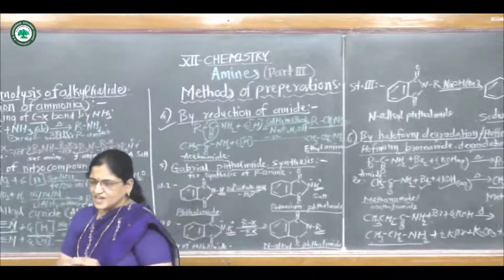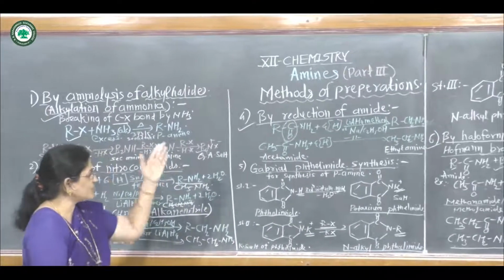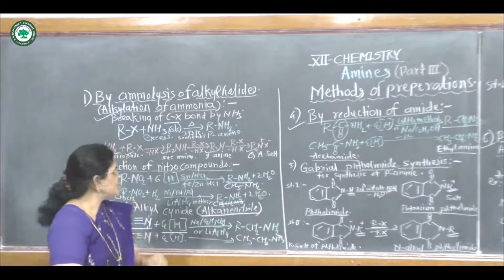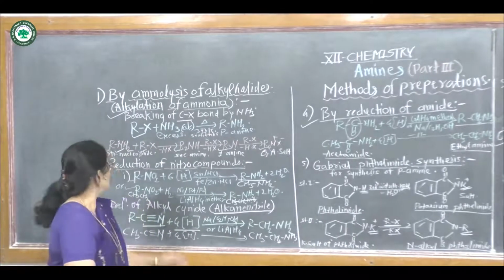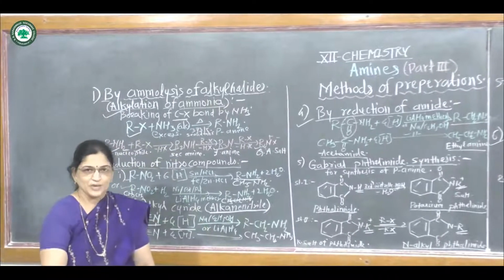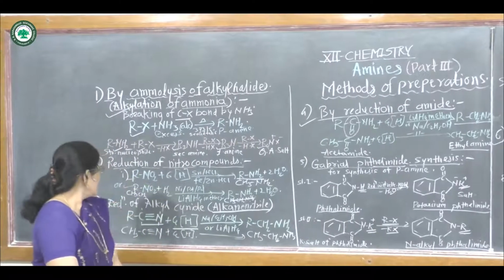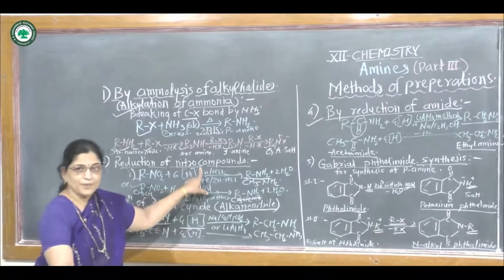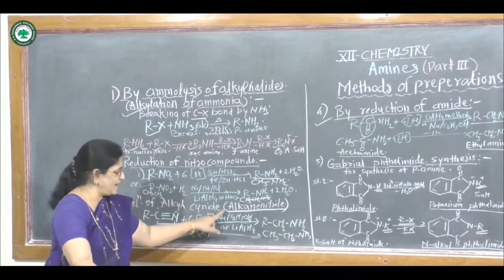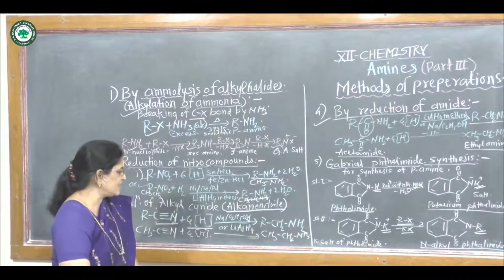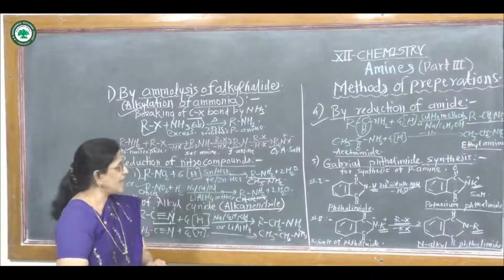In this way, there are 6 methods for preparation of amine. First, ammonolysis of alkyl halide, which is called alkylation of ammonia. Second, reduction of nitro compounds. Third, reduction of alkyl cyanide, or reduction of alkane nitrile.